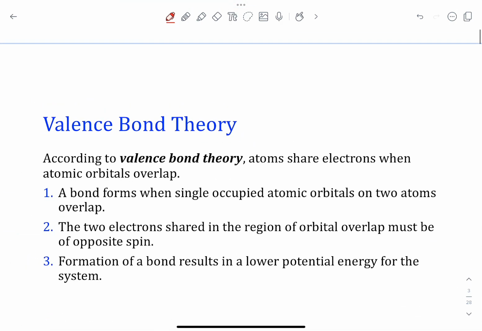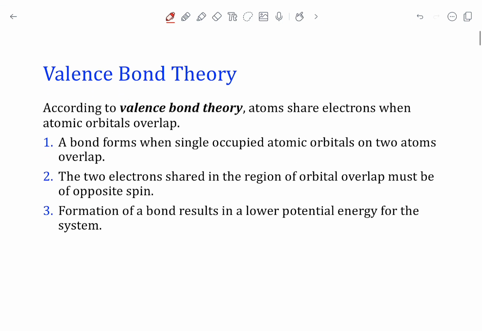So the theory we're going to look at today is called valence bond theory, and according to valence bond theory, atoms share electrons when their atomic orbitals overlap. A bond forms when singly occupied atomic orbitals on two atoms overlap. Singly occupied meaning that they have one electron. The two electrons that are shared in the region of the orbital overlap must be of opposite spin. So they have to be like that.